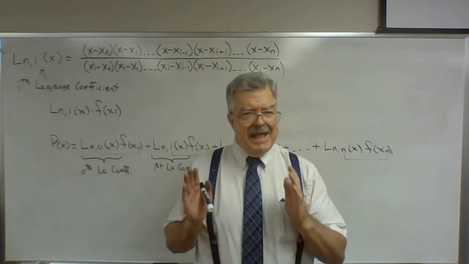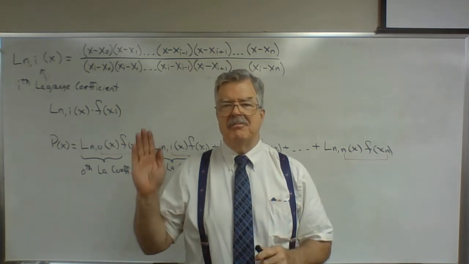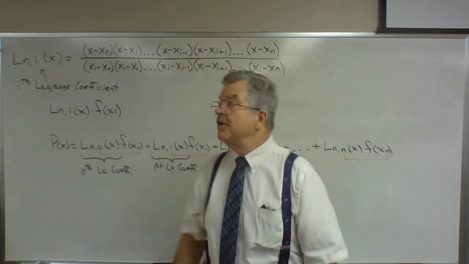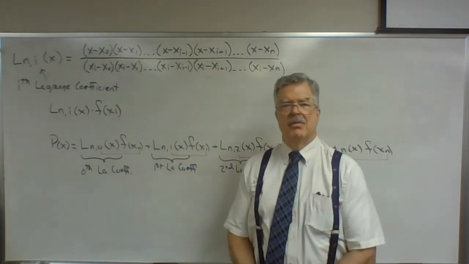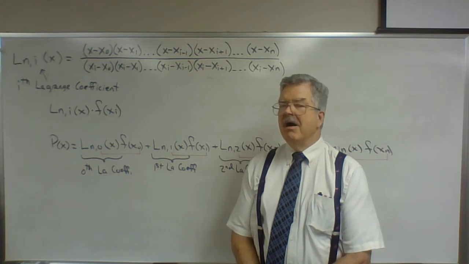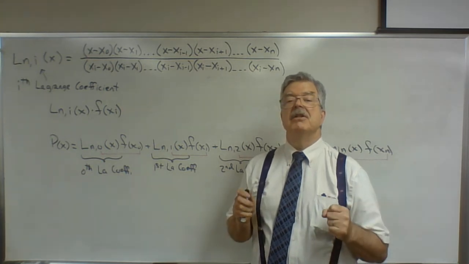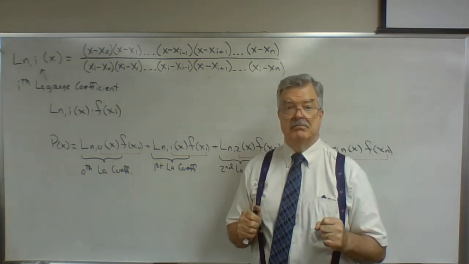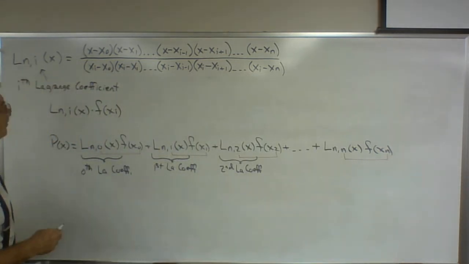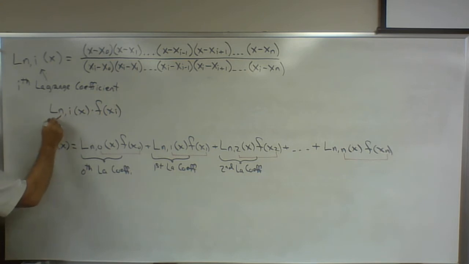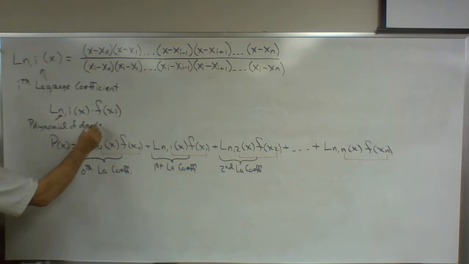If we take n factors of x minus a constant and multiply them all together, like we're doing up here, what are we going to get? Aren't we going to get a polynomial of degree n? And that's exactly what this represents. It tells us this Lagrange coefficient is a polynomial of degree n.